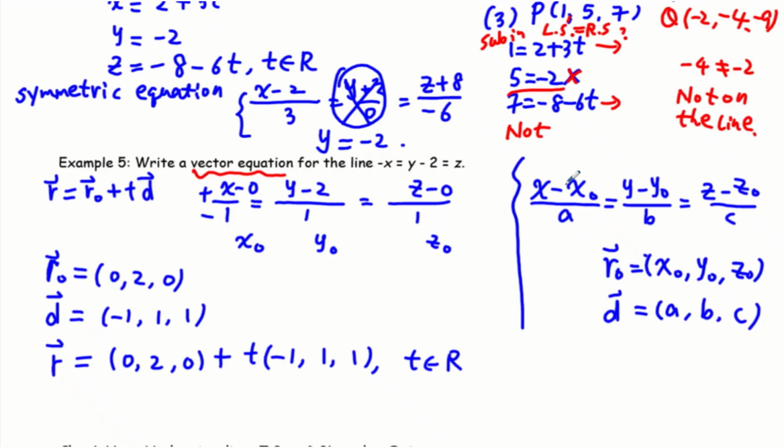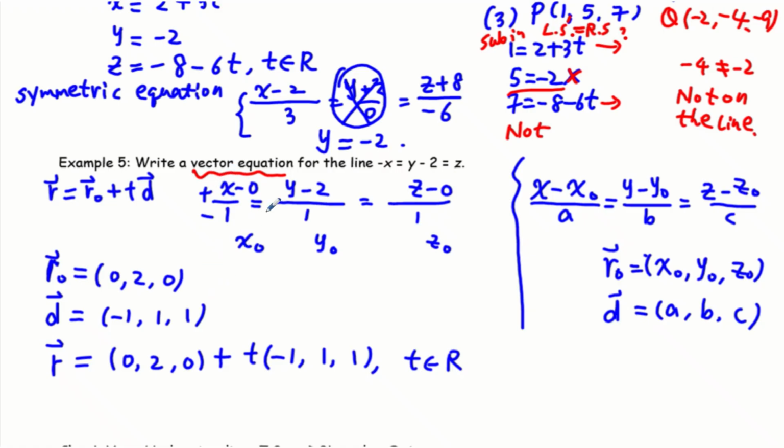So compare this with this equation, you will find out, okay, 0 is x0, 2 is y0, 0 is z0, a, b, c is at the denominator, and be careful here. We need to keep the number in front of x as 1x, okay? And if you have a number in front, for example 2, we need to flip it over, becomes 1 over 2 to keep the x as 1, okay?